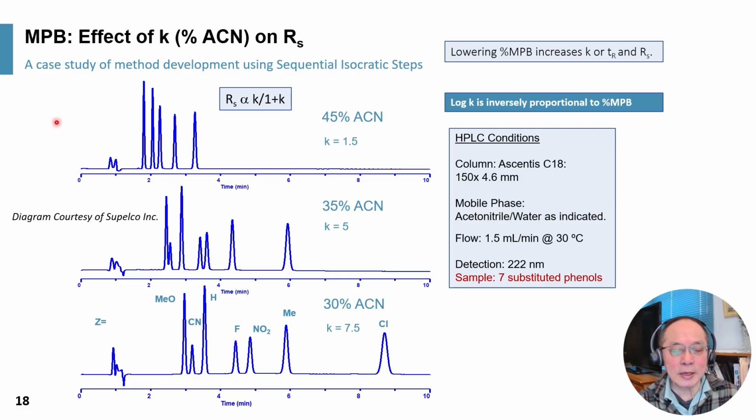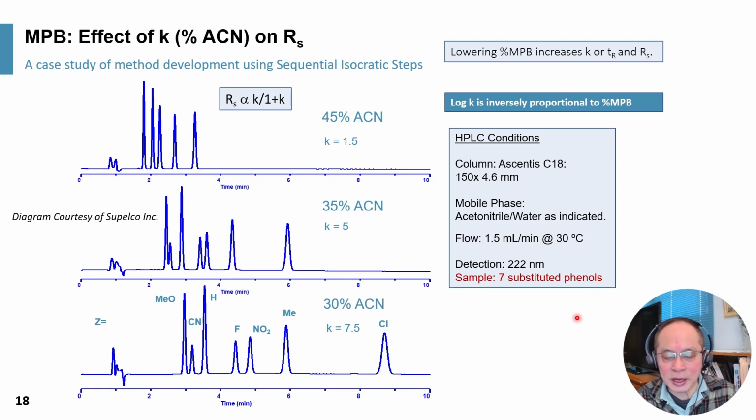Another case study is on doing method development using an approach called sequential isocratic steps. I will explain what it is. Let's say we have to develop a method to separate 7 components. The 7 components are 7 substituted phenols.